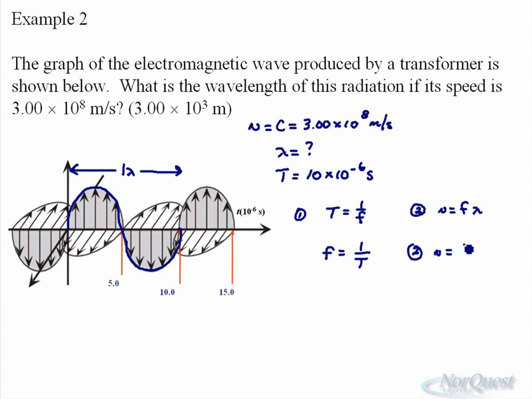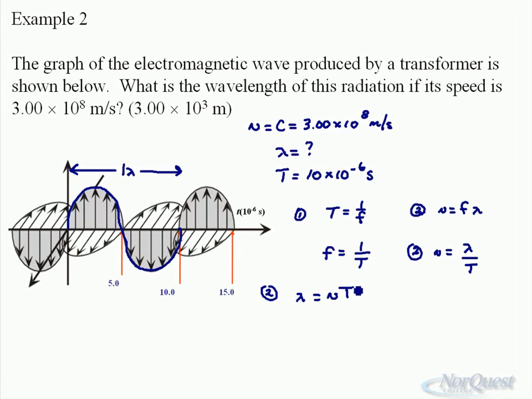Velocity equals wavelength over period, because frequency equals 1 over T, so it's 1 over T times wavelength. And now if I wanted to manipulate this for what the question's looking for, equation 2 then becomes wavelength equals velocity times period.